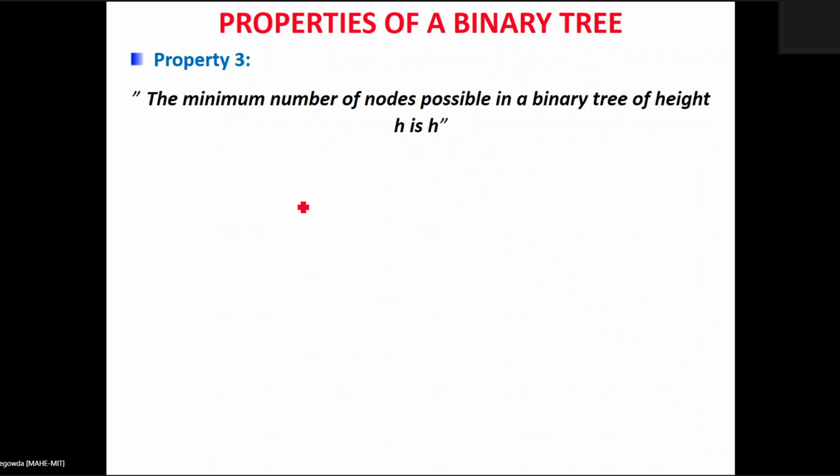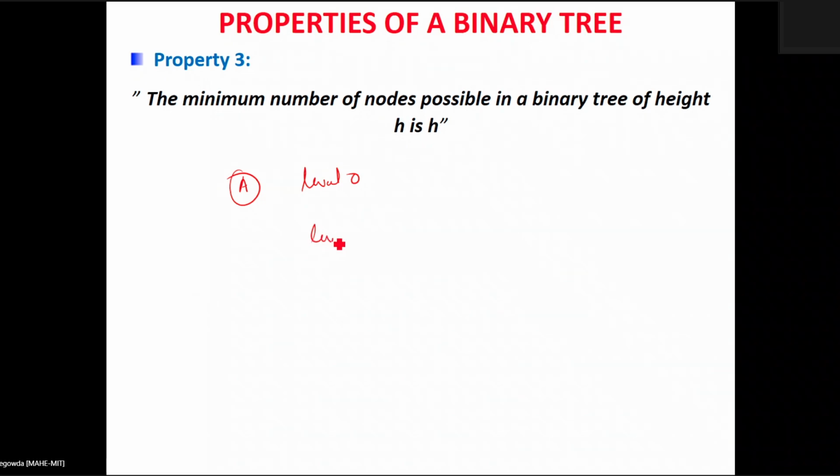Say for example, if I have a root node A, at level 0, I have one node.